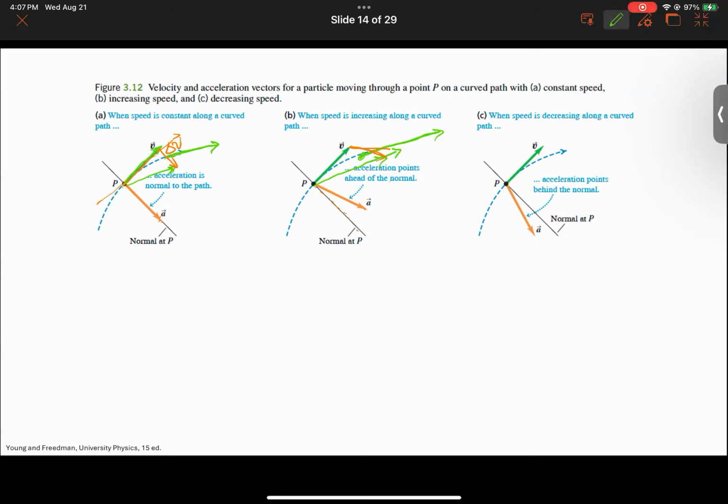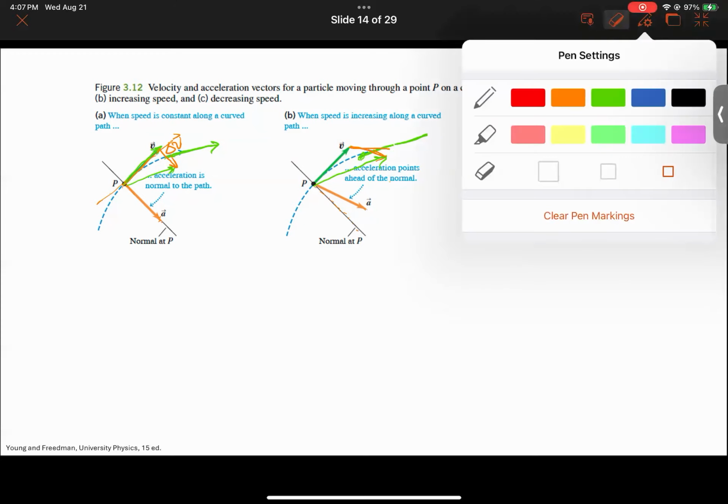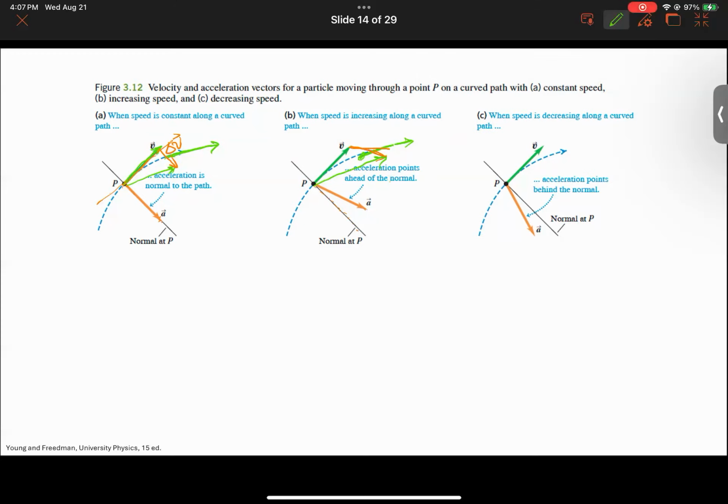Okay, so let me just redraw that. Delta V which is in this direction. Yan yung delta V natin. So your acceleration ngayon will have the same direction as delta V. Dito, nag-increase yung kanyang speed.